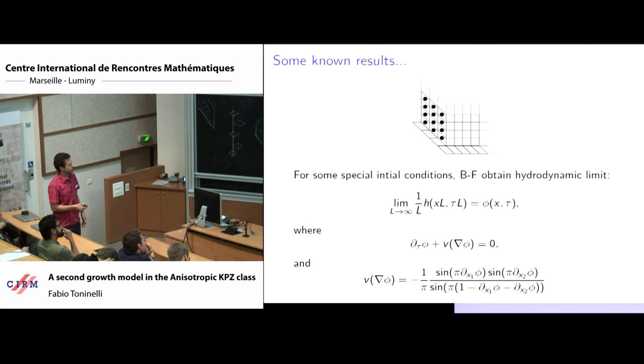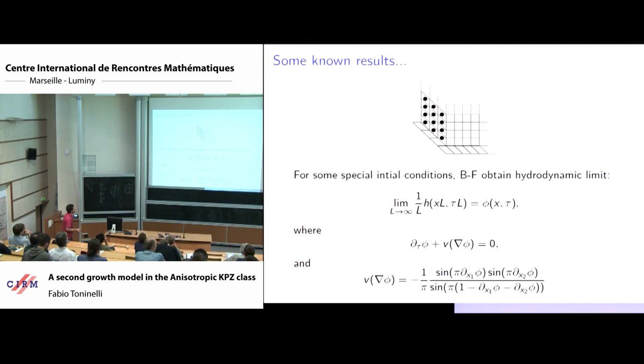And then you can see that this solves a certain first order PDE, as it was the case for the single flip dynamic, except that now this V is completely explicit. In the convention I'm using here, it is this function here. It's not a convex function of the gradient. But it's totally explicit.